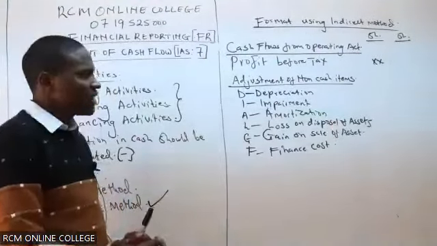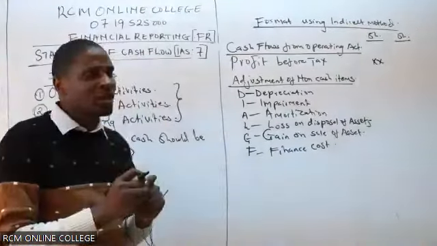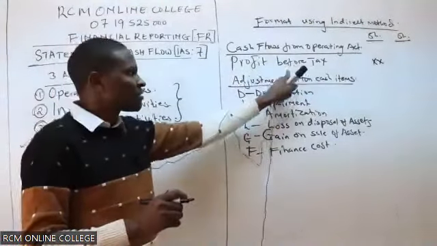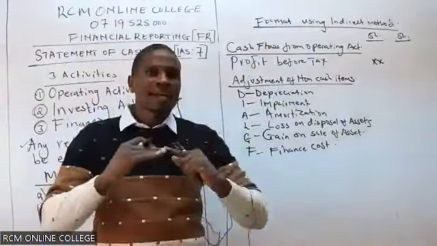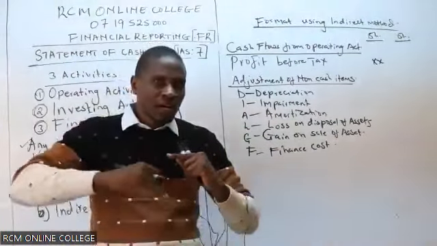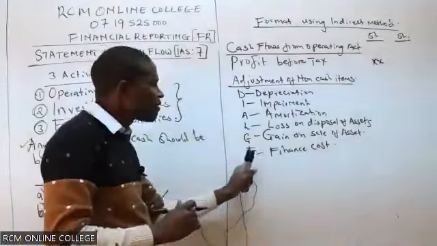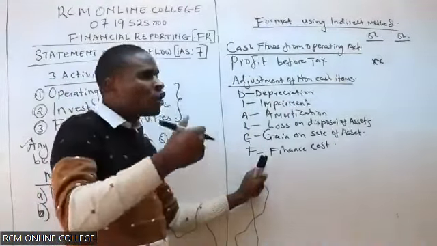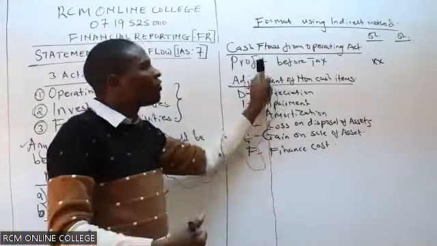Therefore, in this case, I want you to note something. We are adjusting the profit before tax. Now, when I stand in my income statement, where I have the profit before tax, at the top I have an item like finance cost. Can you tell me what happened to finance cost for me to arrive at the profit before tax?